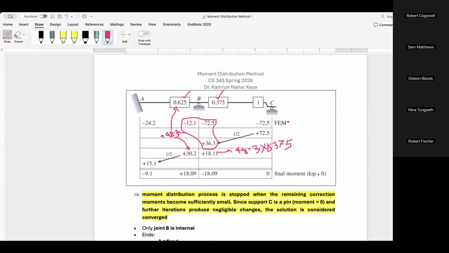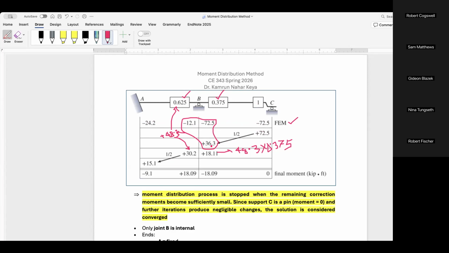So we already computed the fixed end moment. Just write that in the first row, and then we will start distributing it. So here we have 1. So 1 multiplied by this one, same value, just opposite sign, and then it carries over half.